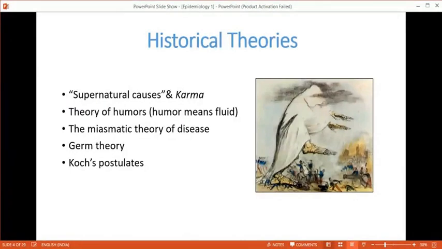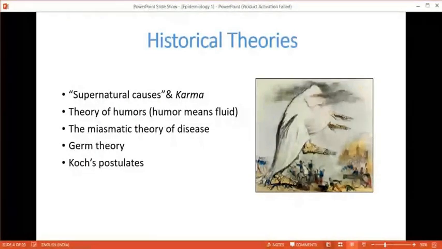So there have been different changes and ideas, and of late, only in this 19th century, they have come to the modern treatment, or the understanding that infections are caused by organisms, and how they are transmitted, how they can be prevented. All these things have been developed.